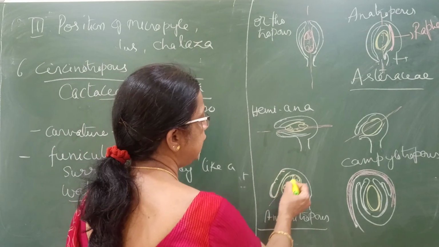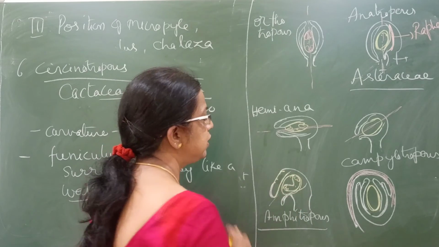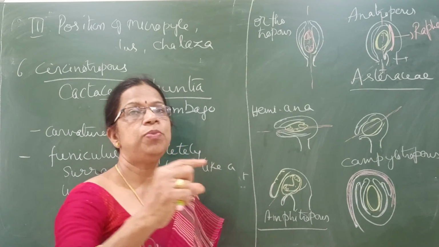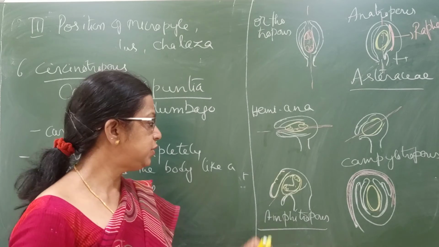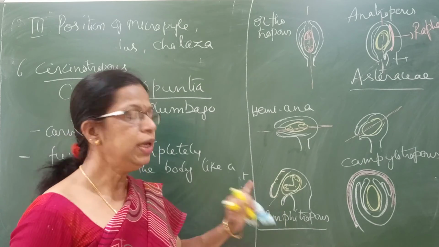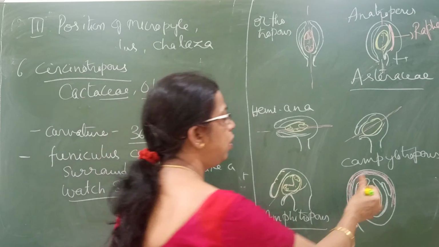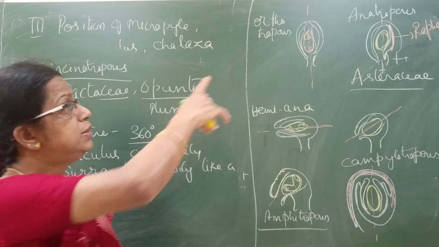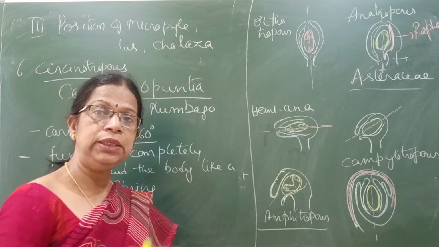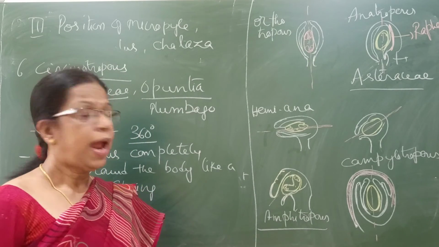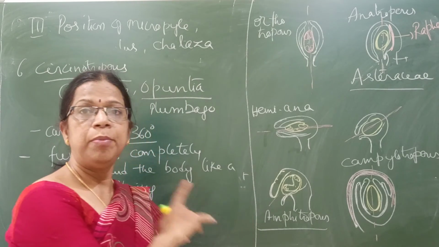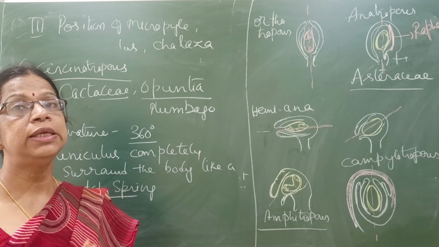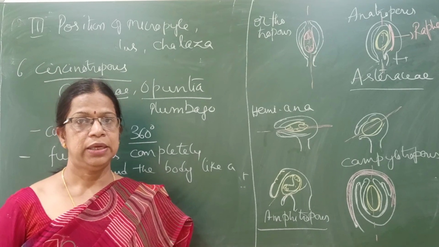In amphitropous, slightly it changes because the embryo sac is curved, so micropyle and chalaza are not in a straight line. In all the rest, micropyle and chalaza are in a straight line, except that in orthotropous all three are in a straight line.